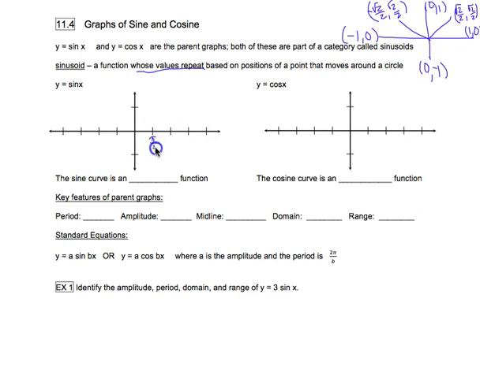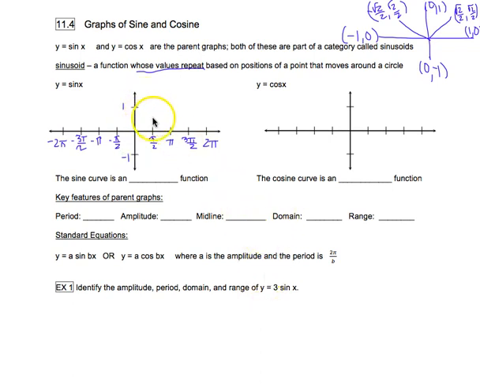So we're going to make this pi over 2, pi, 3 pi over 2, and 2 pi. And then same idea over here, except obviously we're going in the negative direction on that side. We're going to keep this one and negative 1.